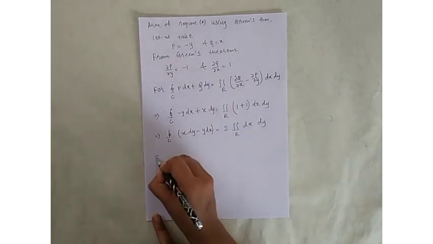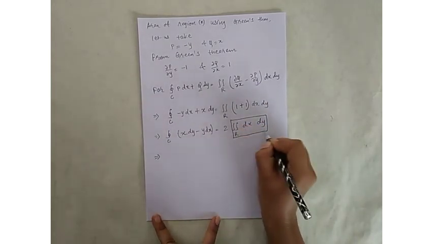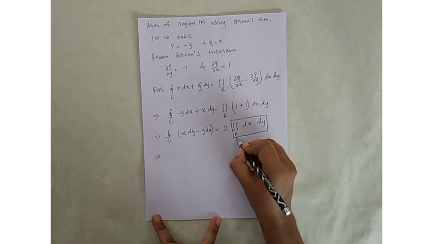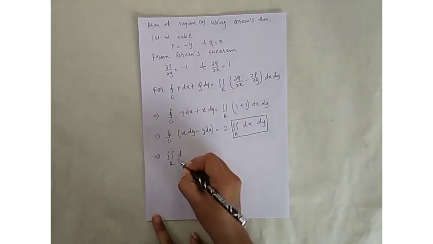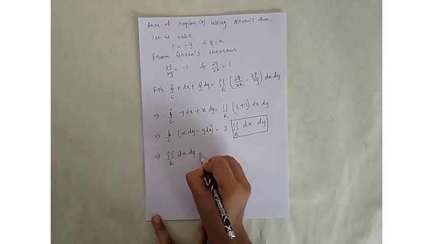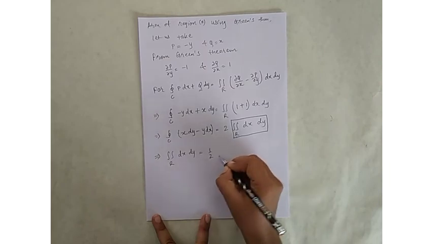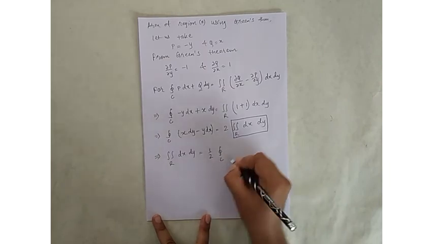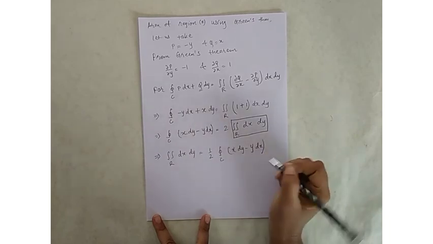So this is the integration denote the area of region R. So double integration over R dx dy is equal to, taking 1 by 2 on both sides, 1 by 2 integration on smooth closed curve C of x dy minus y dx.